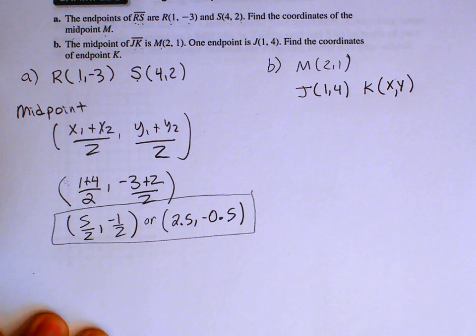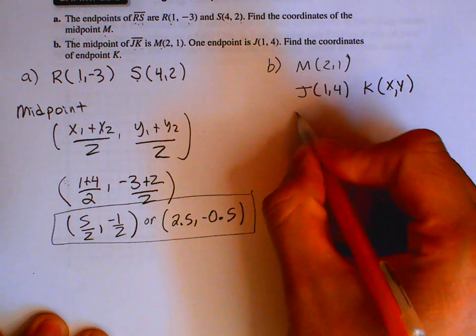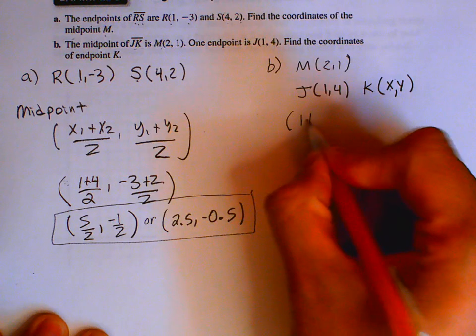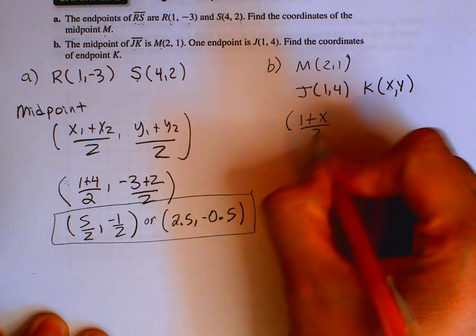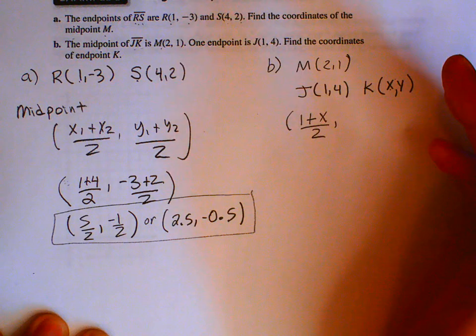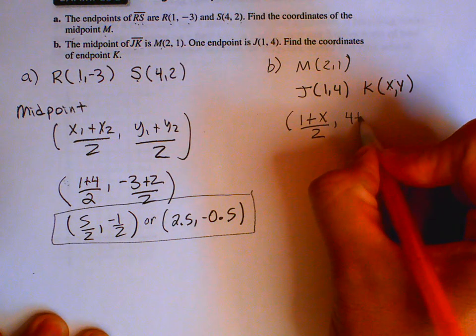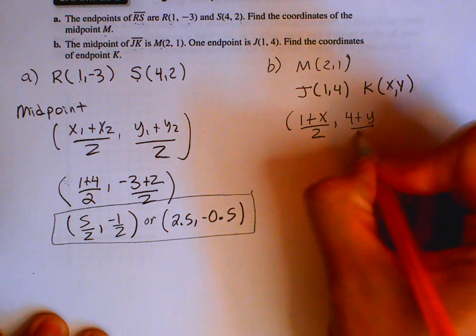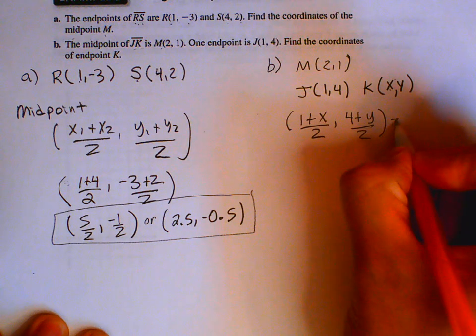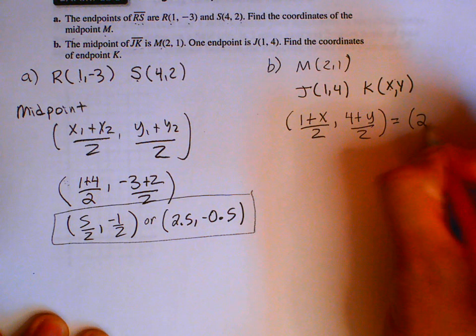But I do know that 1 plus x divided by 2 would technically give me the x coordinate of the midpoint. And 4 plus y all divided by 2 would give me the y value for the midpoint. Now, if you look at it, we already know that. That's 2, 1.